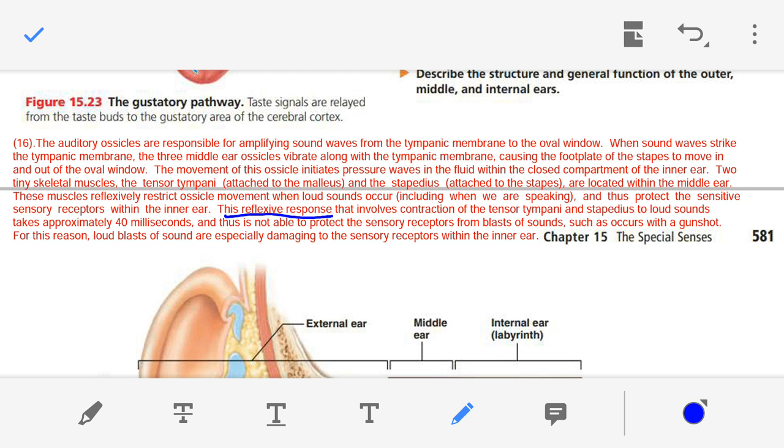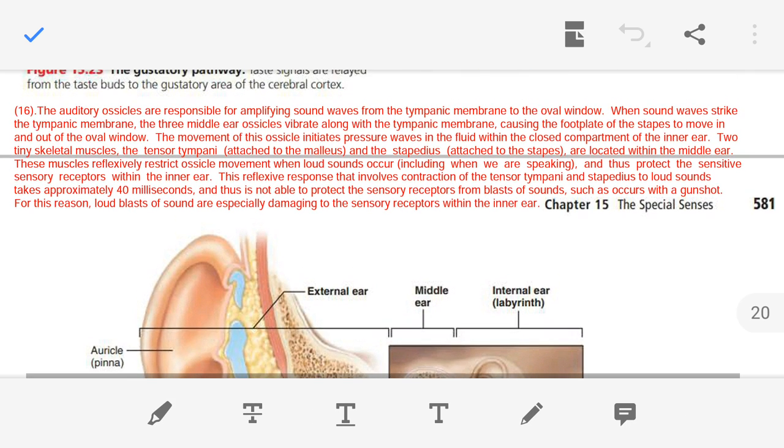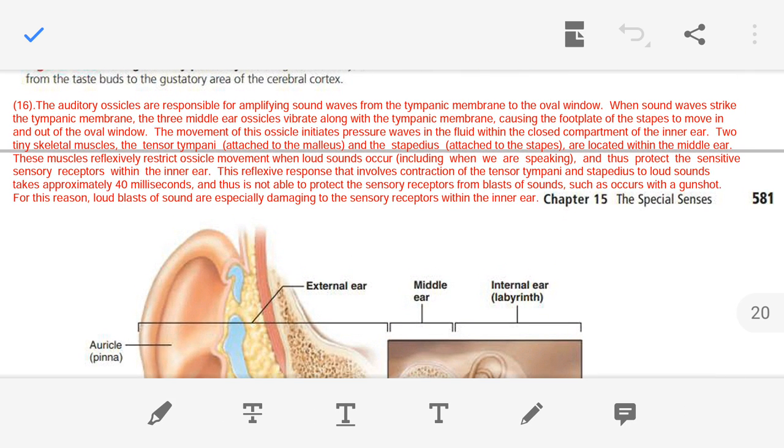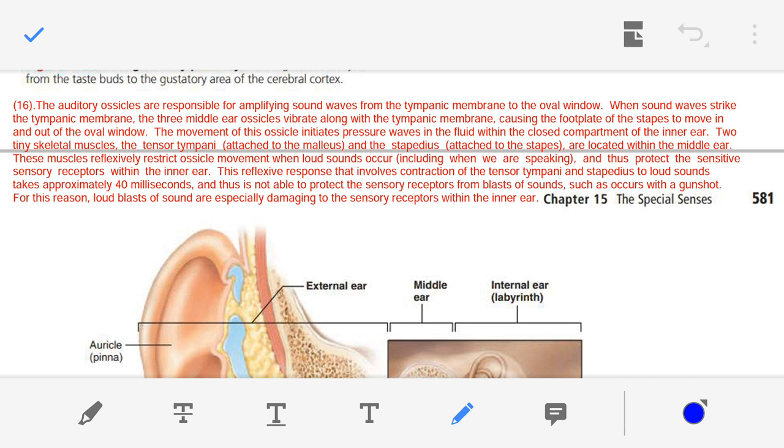When we are hearing a loud sound, these two muscles contract and generate the reflexive response. So they are restricting the movement of the auditory ossicles. The duration of this reflexive response, or the contraction time of these two muscles, tensor tympani and stapedius, lasts only for 40 milliseconds.